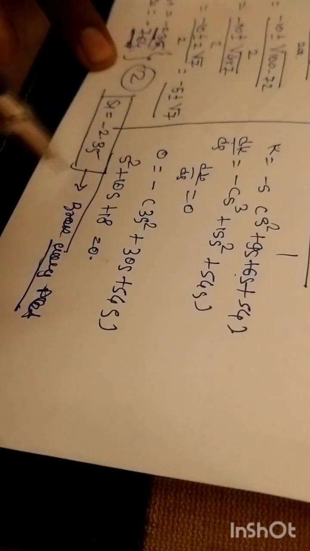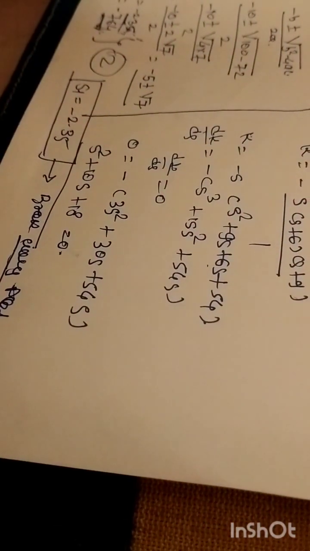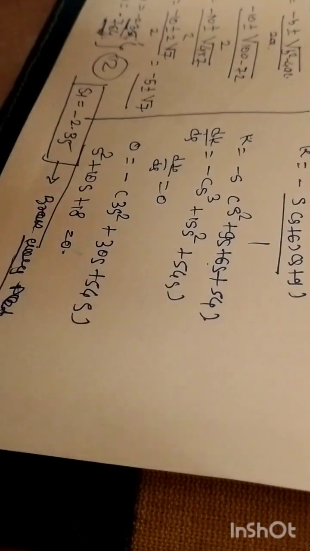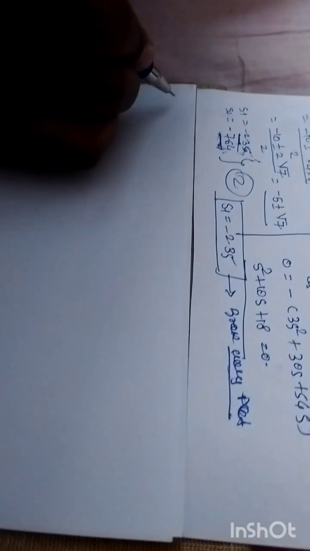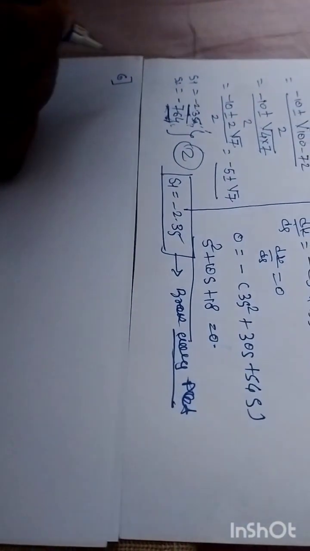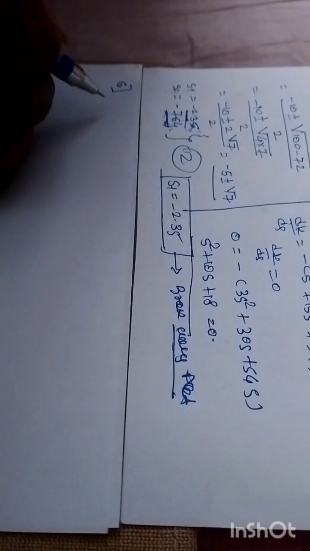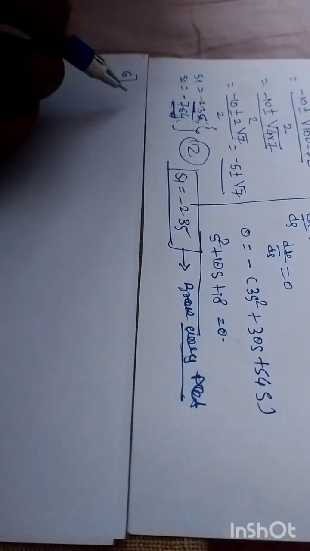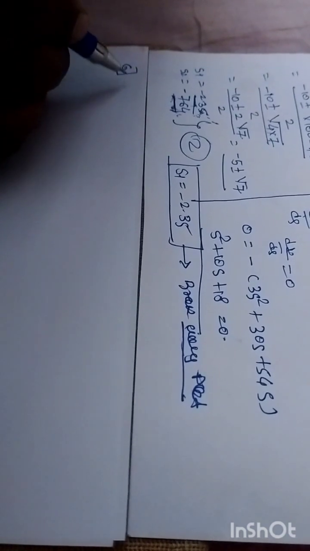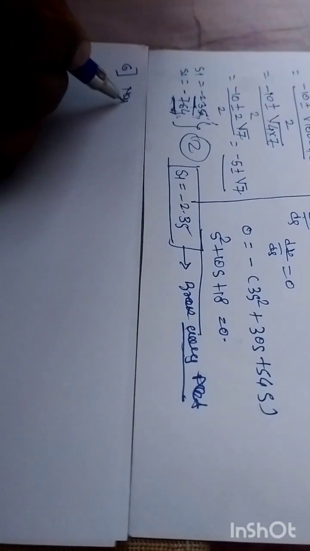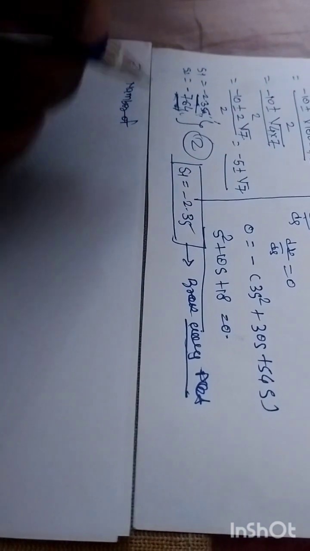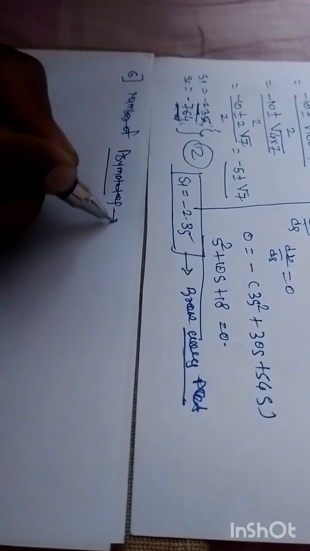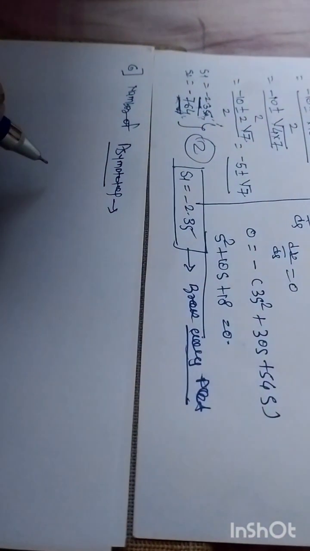Now one more important step that we need to follow is step number 6. Step number 6 is again one of the important steps in order to complete this root locus plot. In this step number 6, we need to determine how many asymptotes we have. Asymptote is an algebraic term.